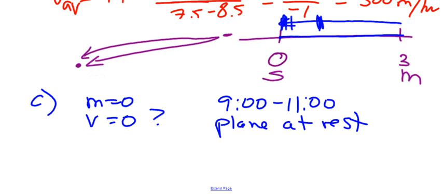The book says in part D, we want to know, determine the velocity of the airliner at noon when t was 6 and explain why the velocity is negative. Okay, so we want to know when t equals 6. That's noon.